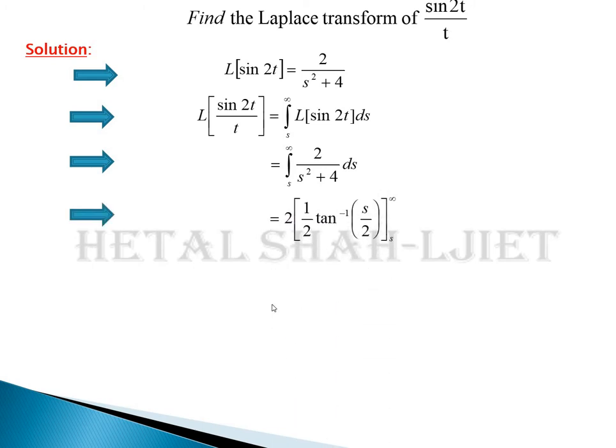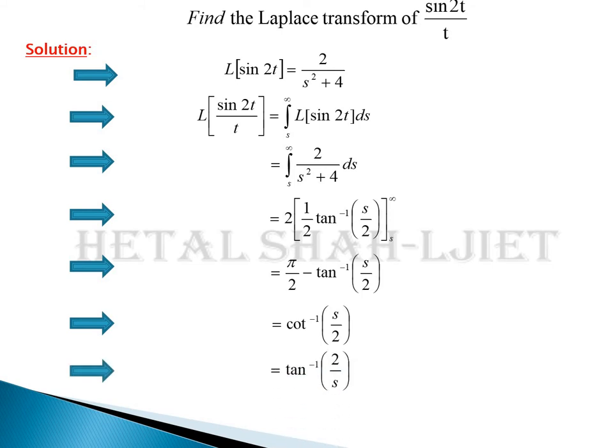So here the integration of 2 upon s square plus 4 is 1 half tan inverse s by 2. By applying the upper limit and lower limit, tan inverse infinity is pi by 2 and tan inverse s by 2 stays the same. So pi by 2 minus tan inverse s by 2 is cot inverse s by 2, or we can write tan inverse 2 by s. Okay, so this is the answer of the given problem.